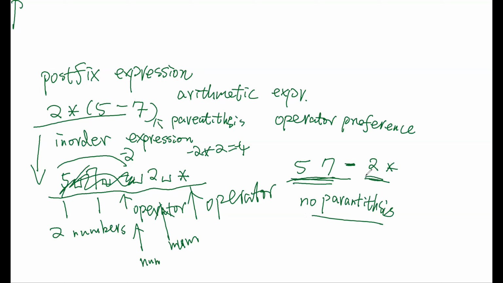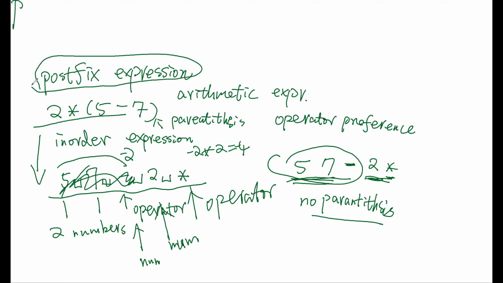Even though you may say that before the multiplication you only have 1 number, actually the calculated result should also be applied when you apply multiplication. This kind of expression we call a postfix expression. There is no parenthesis, and it's always an operator following 2 numbers.